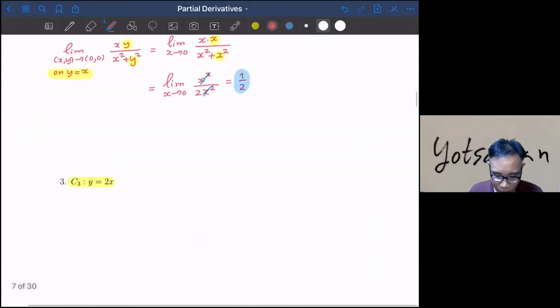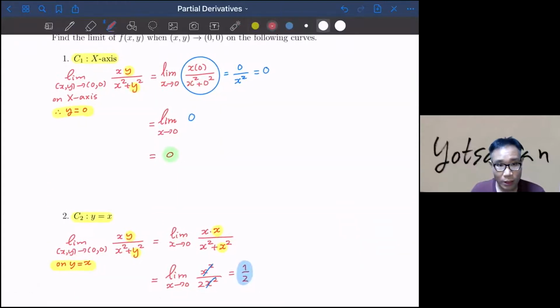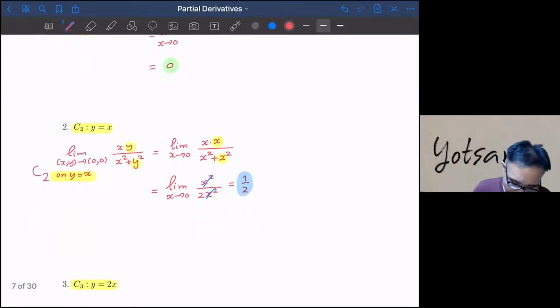So let's do this example. You see that you have the limit on C1 equal to 0 and the limit on C2 equal to 1/2. For this one, it's going to be C1 and this guy is going to be C2. So you see that the limits on C1 and on C2 are different.